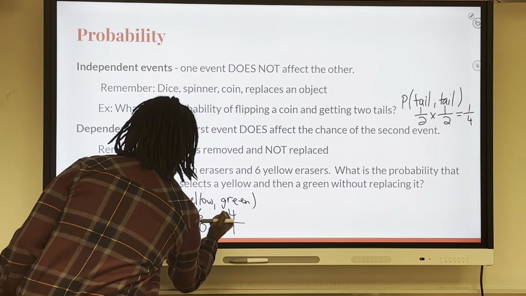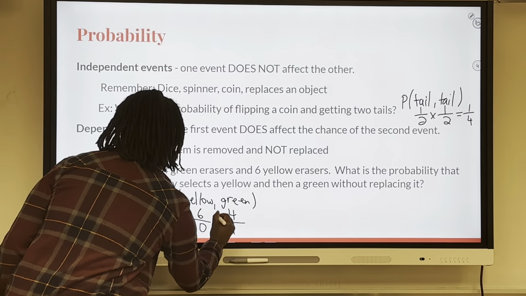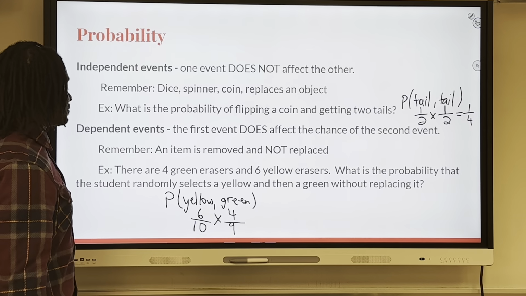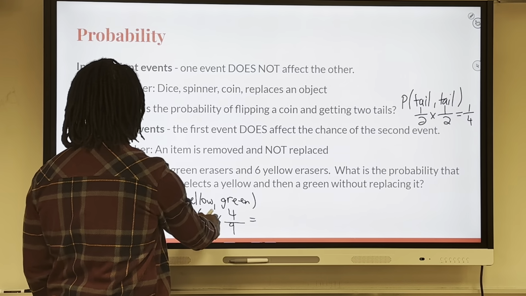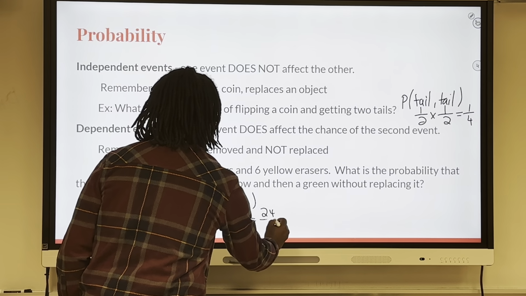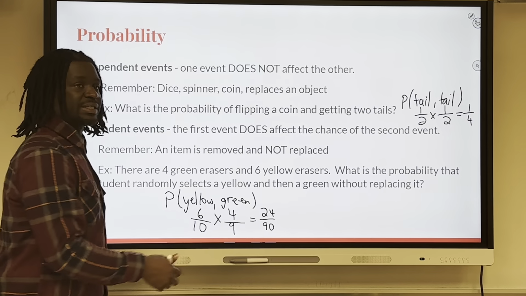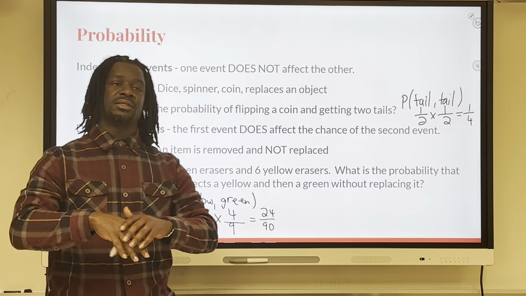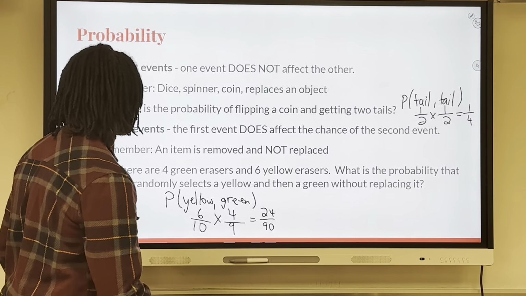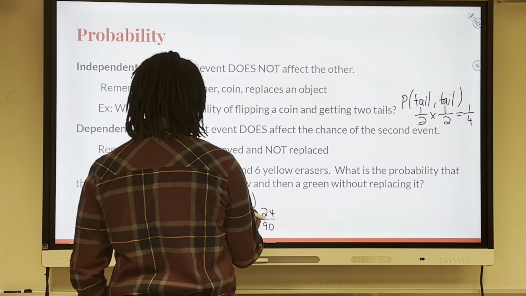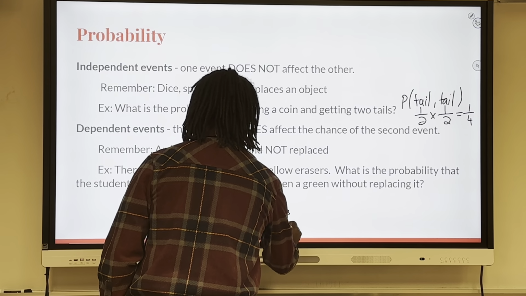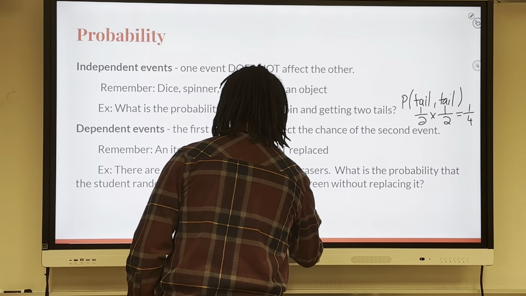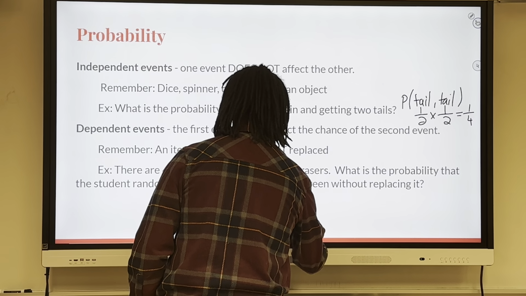Then multiply that, and I get 6 times 4 is 24, over 90, and then I need to simplify that. If you put that into decimals, it will give you the simplified answer, but you just need to divide. You can divide it by 3 to simplify, which gives 8/30.